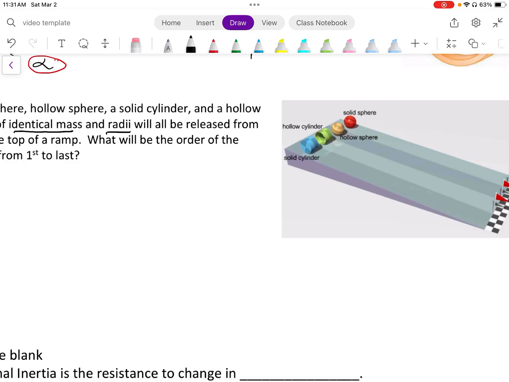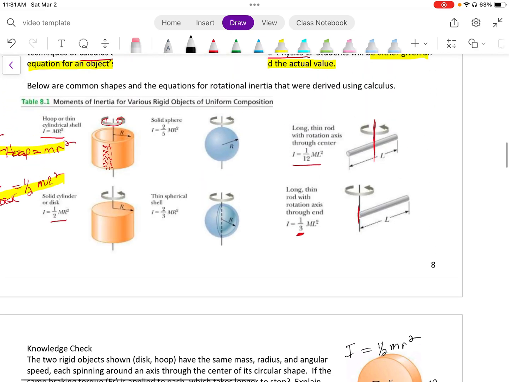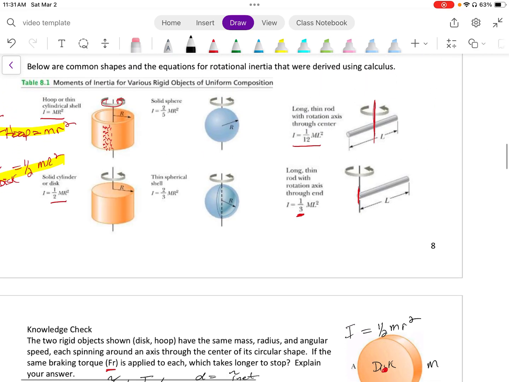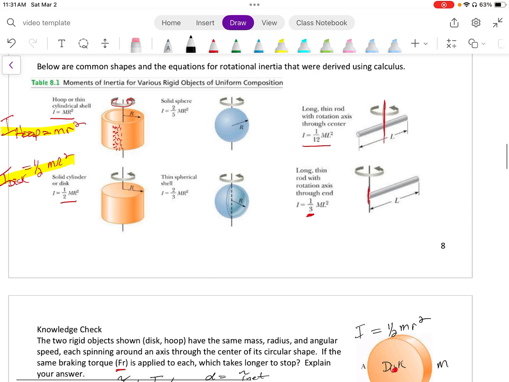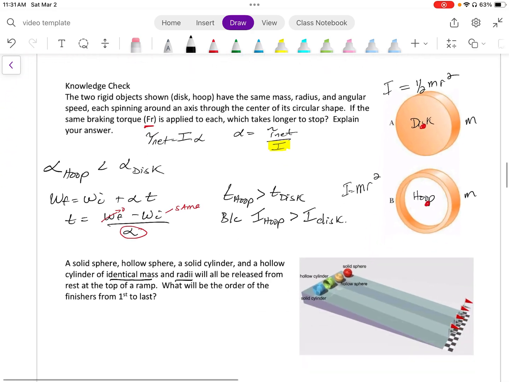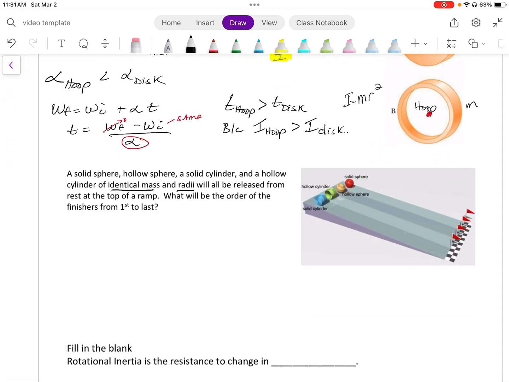And so I'm going to look at my equations for all of the items here. We have a cylinder, a sphere, a thin hoop. So we're going to write the fractions for each one of those.